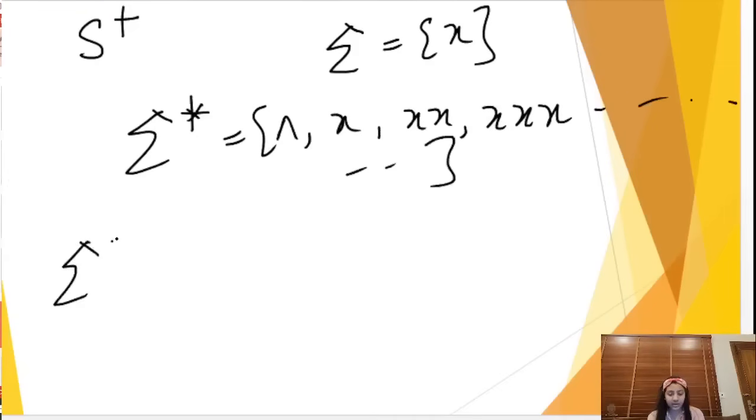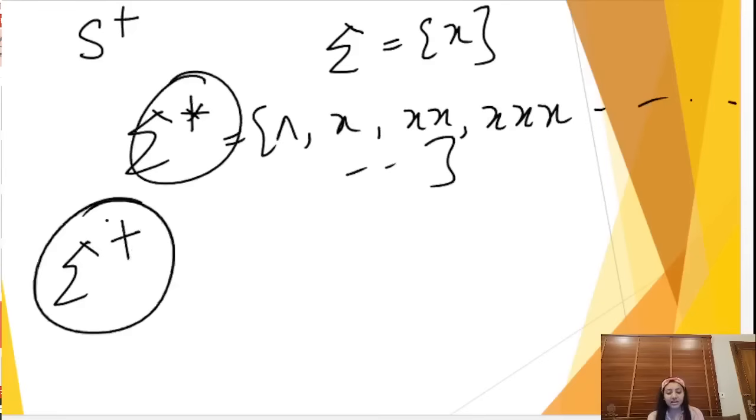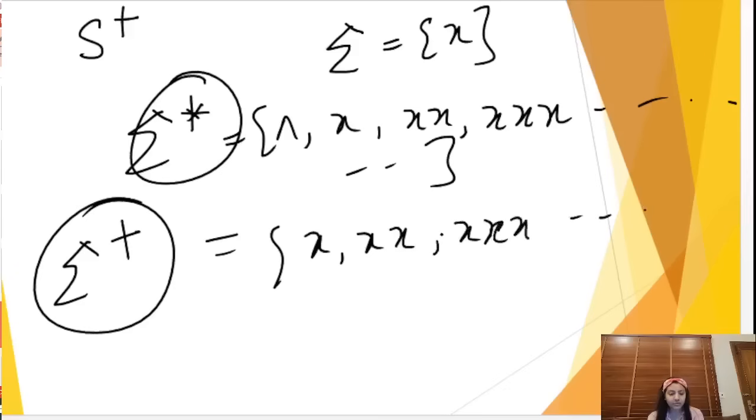This is my Kleene star, and this is my positive closure. It will consist of all the strings that can be formed from this alphabet excluding lambda. So this is the difference between star and plus: in star we include the null string also, but in plus we exclude the null string.